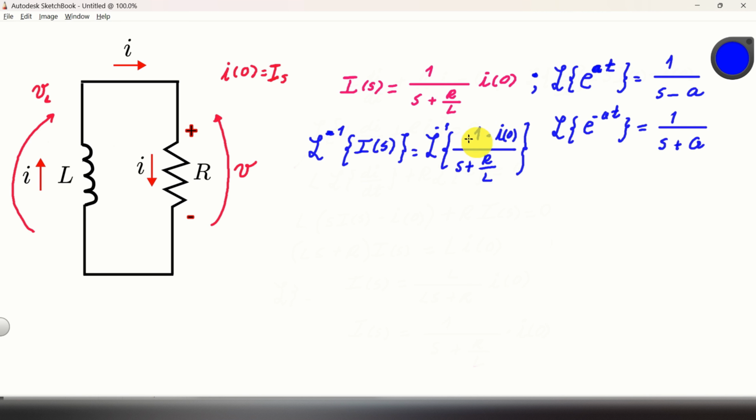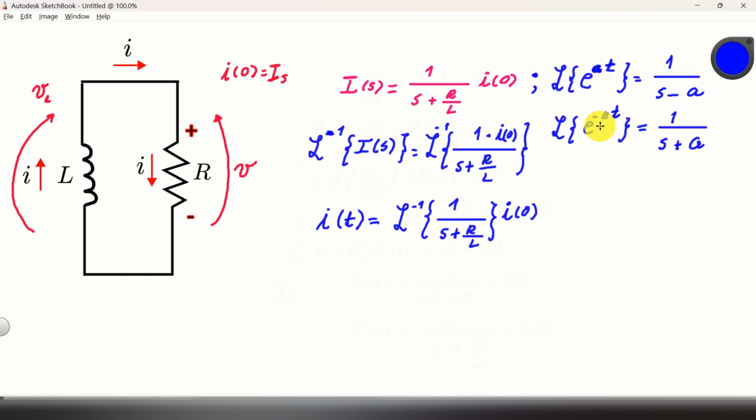Since I of 0 is constant, it can go out of the inverse Laplace. So we obtain that I of t, the time domain function, is equal to the inverse Laplace transform of 1 over s plus r over l, and here we have the constant I of 0.